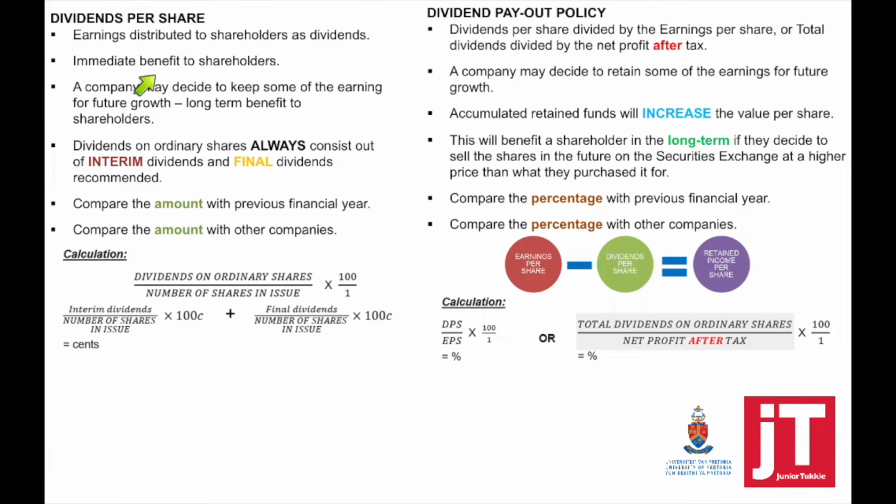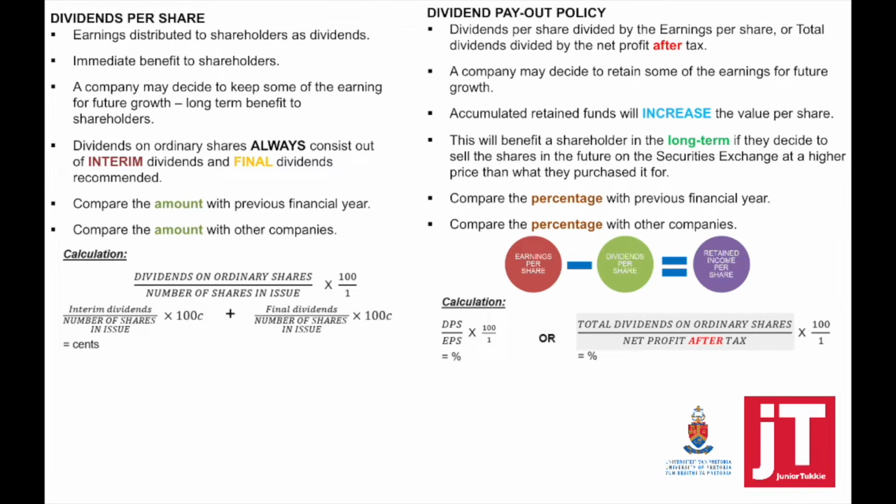Dividends per share is my earnings distributed to a shareholder as dividends. Dividends on ordinary shares always consist of your interim dividend plus the final dividend recommended. Looking at our calculation, it's divided by the number of shares in issue.